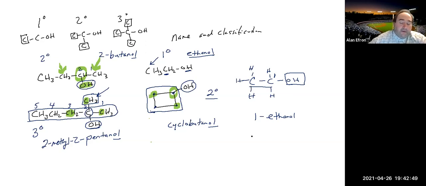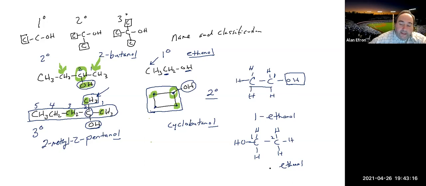The reason we don't need to include a number is because the other option you would have would be if you drew it like this, for example. And if you follow the same naming procedures, we would do the same thing. This would be ethanol. And now because we always give the OH group the smaller number, we would actually number in this case left to right.